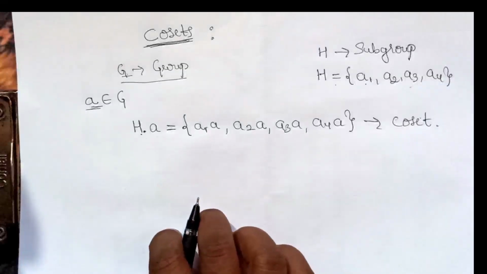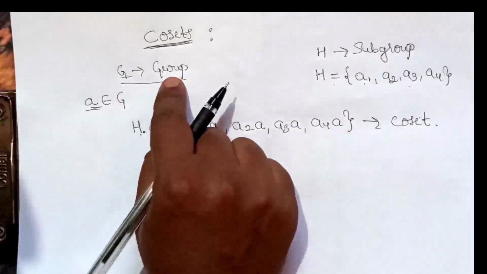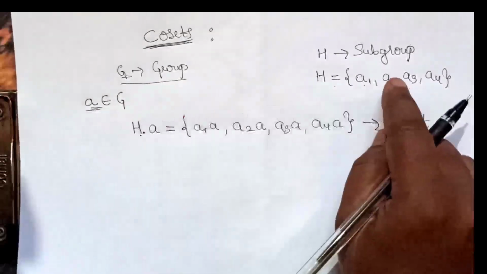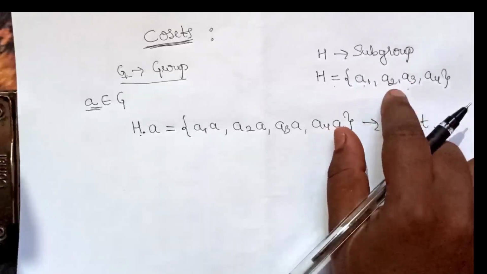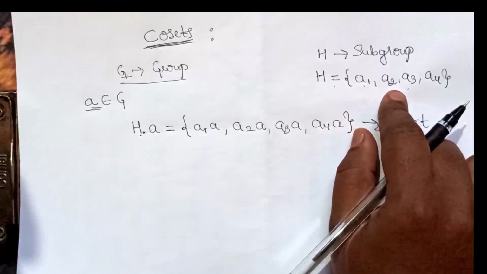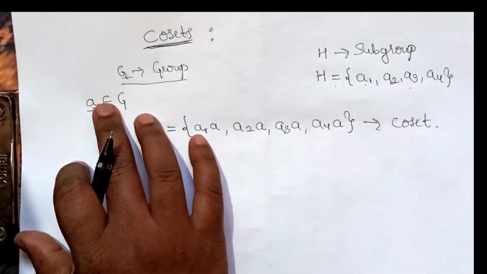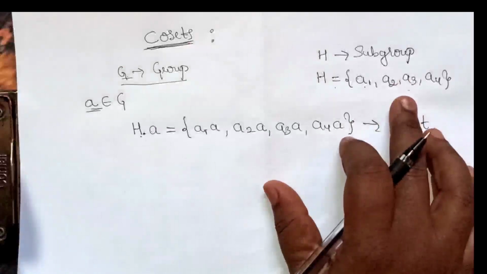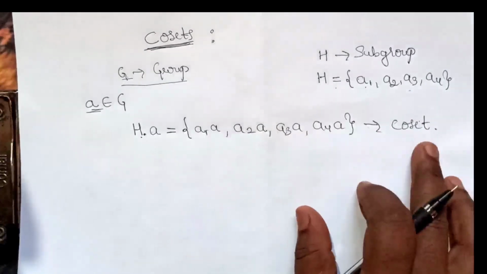To form a coset we need an element from the group G and a subgroup which may have any number of elements. We operate this element a belonging to G with all the elements of H, and the resulting set will be the coset.